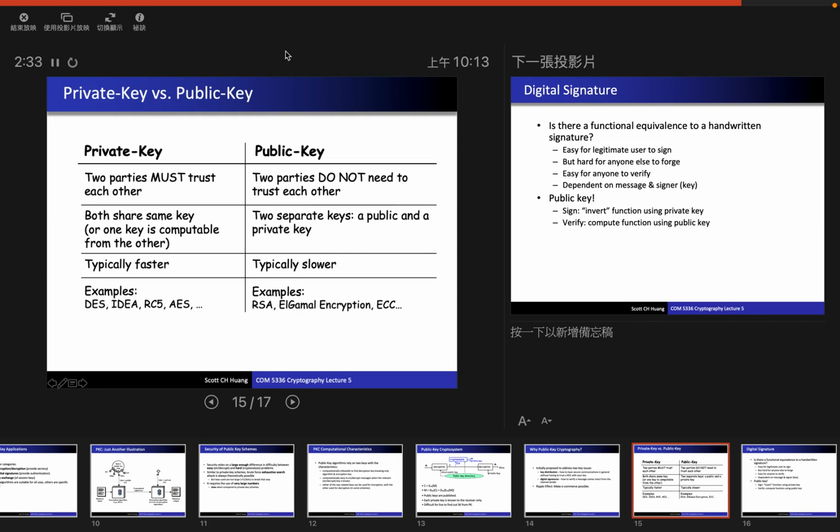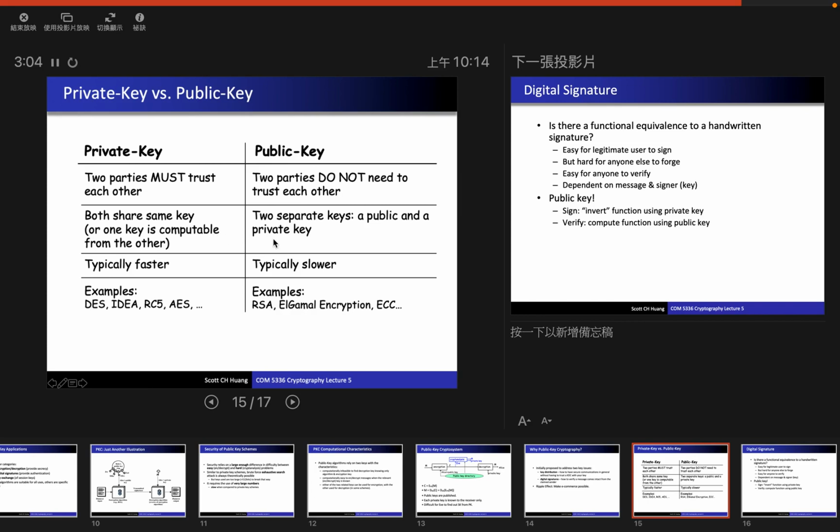For private key, you have to have a secure channel, and because of the existence of a secure channel, you can trust it, and then you can keep going. For public key, you don't need to trust each other. Private key cryptography, both share the same key. For public key cryptography, you don't have to share the same key.